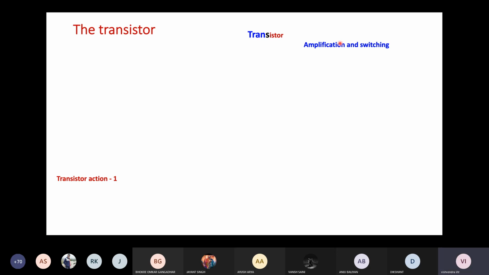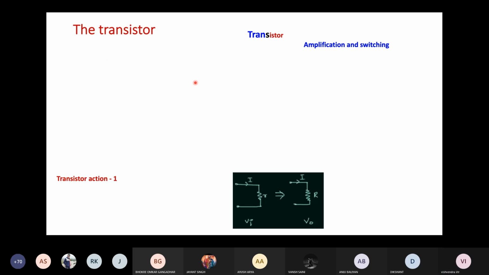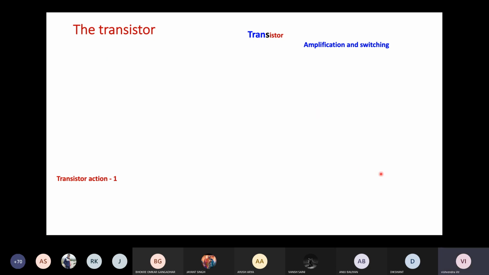And generally there are two transistor actions, I would say, or two ways to achieve amplification and switching. One is used in BJTs and the second is used in FETs. This way of achieving amplification and switching is known as the transistor action. And the first transistor action, or transistor action 1, is something like this.